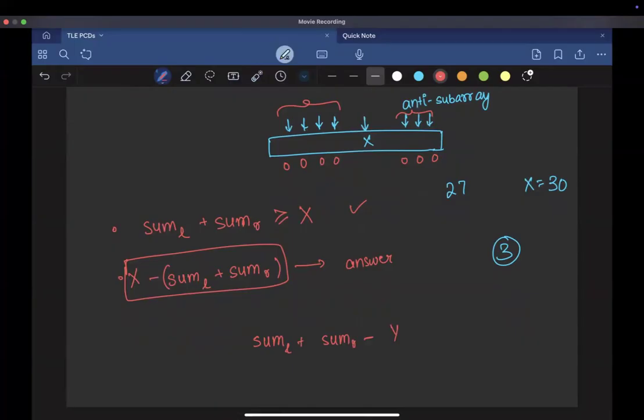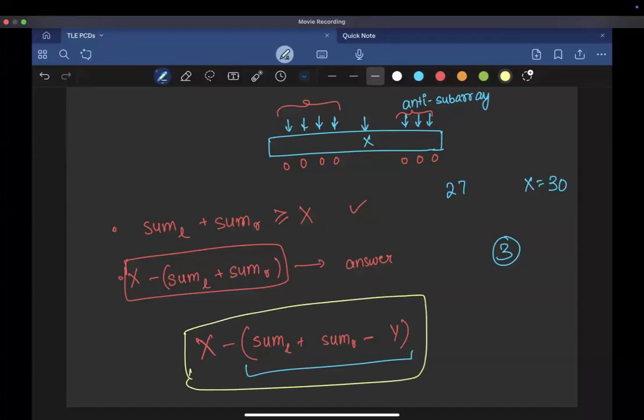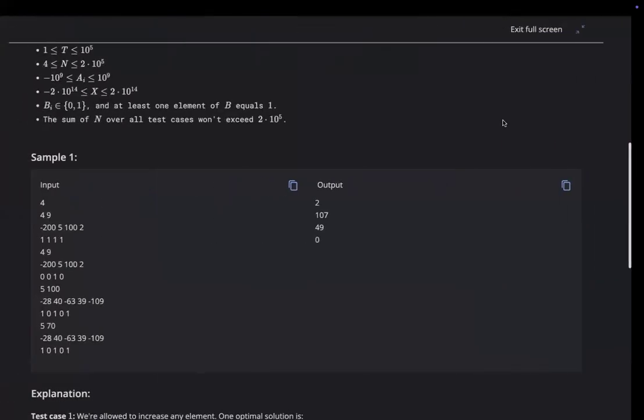So this is the sum of the elements that you have picked up on which you want to apply the operation. This is the number of elements that you are picking up in your subarray, and you want to make the sum equal to x. So this is the number of operations you need to apply. Our answer should look something like this.